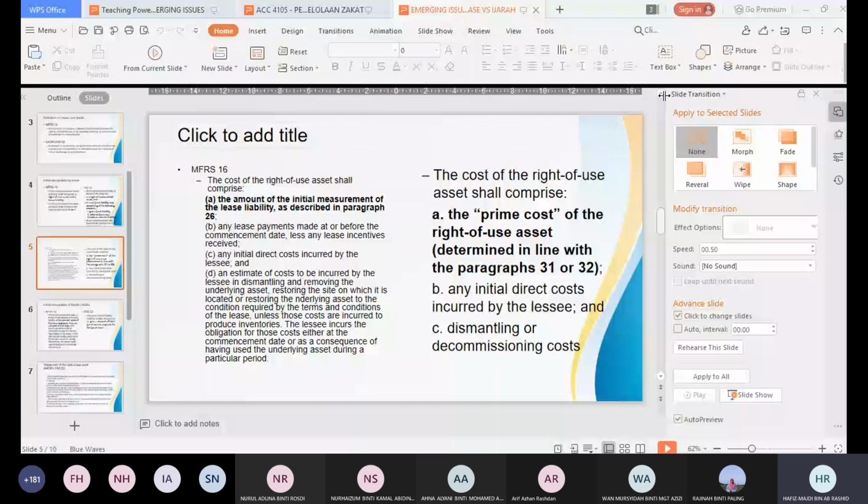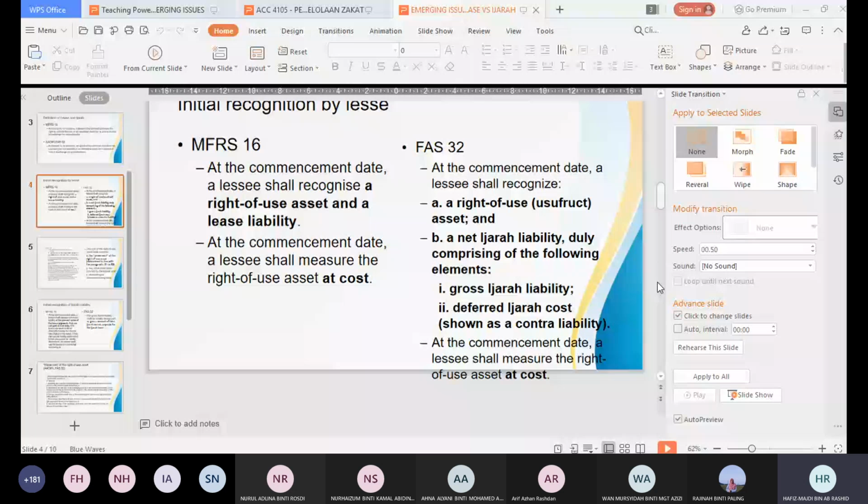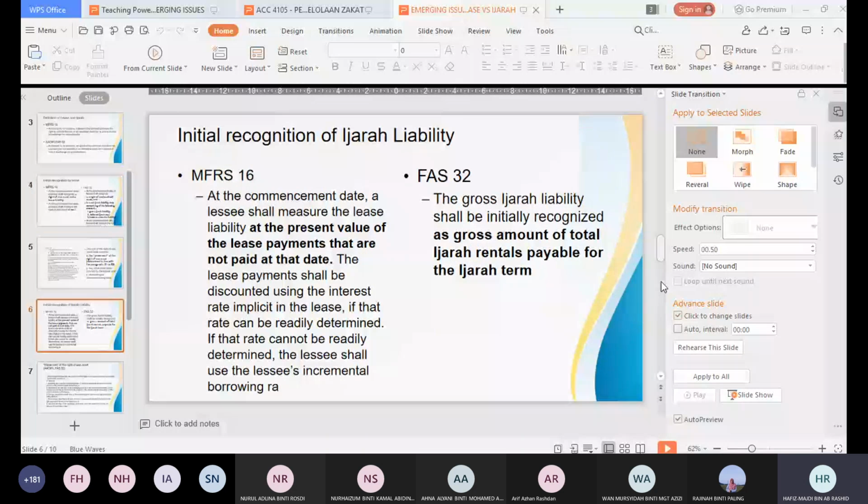When you relate it to the lease liability and look at how the lease liability is measured, it is totally different. Under MFRS 16, you need to use the present value of future lease payments, but for FAS 32, you only total up the future lease payments, without involving a discounting approach using an interest rate.